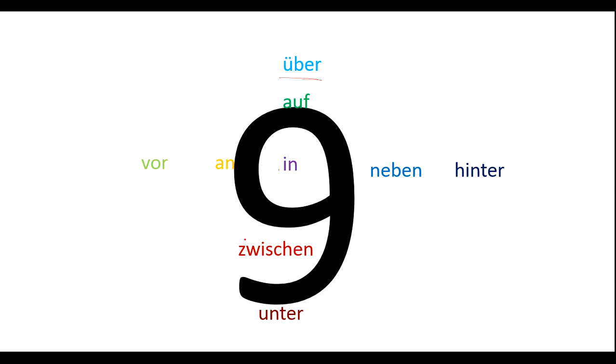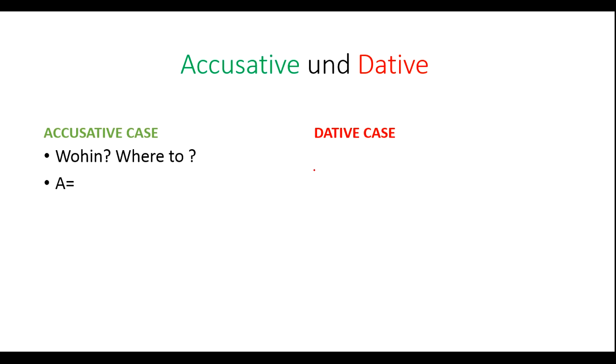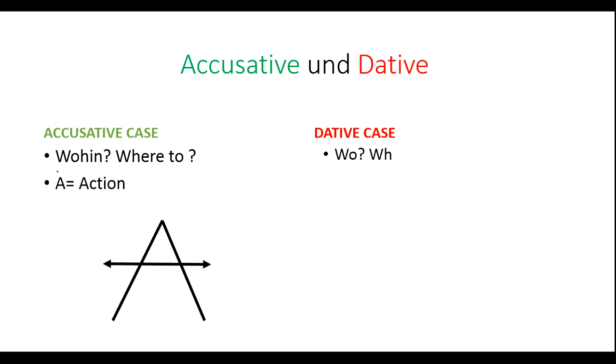Normally these are the prepositions we have, and these are all two-way prepositions. How do we check whether a sentence is accusative or dative? Let's see. Accusative case, dative case. Wohin, where to. Accusative is basically wohin, where to.